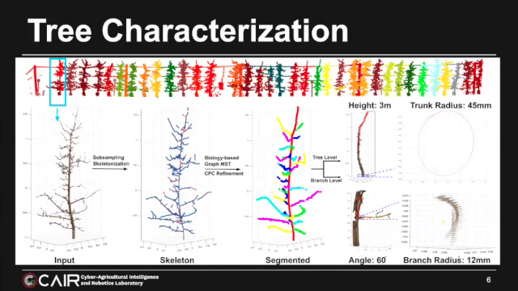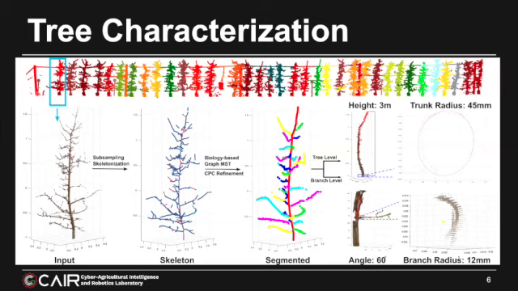So once we identify individual trees, we will be able to first calculate the tree skeleton, because we need to first know which part represents the trunk, and which parts represent different levels of branches, from primary to tertiary in this case. And once we finish that skeletonization, we segment each individual branch from the trunk so that we can enable the measurement of all different levels of architectural traits.